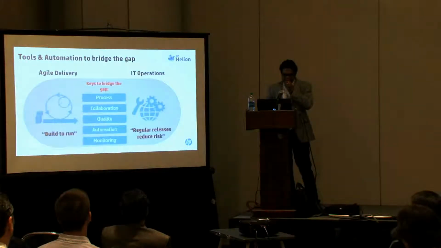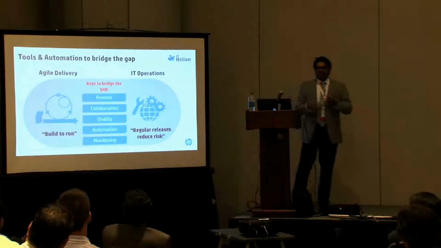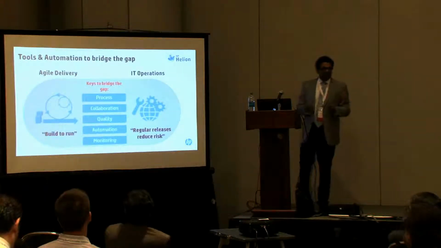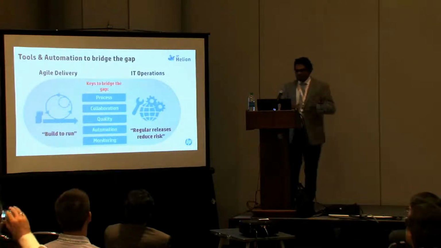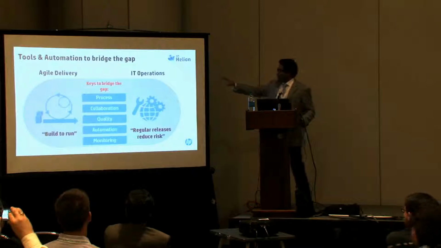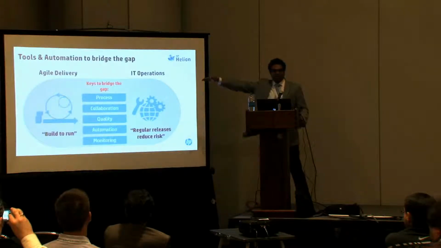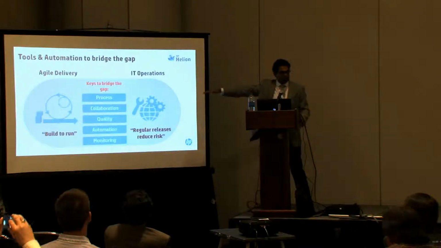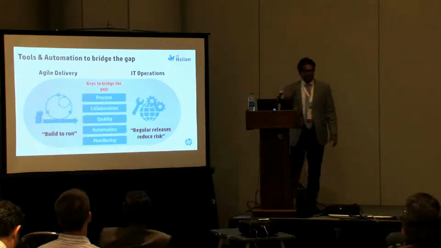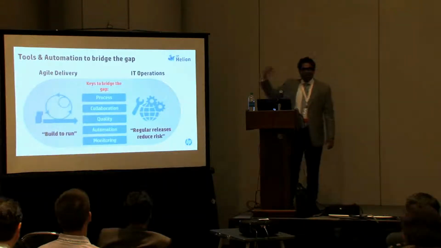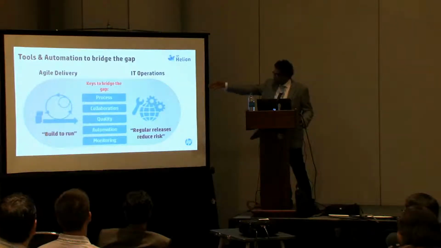So just to move into a little bit more tangible stuff, right? Which is, what are the tools and technology that we have from an HP perspective in order to do this. So the way we look at bridging the gap between dev and ops are, again, I talked about the process, tools, I talked about collaboration, and obviously based on HP's DNA, we have open extensible systems with respect to quality.